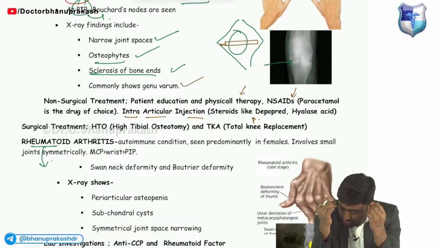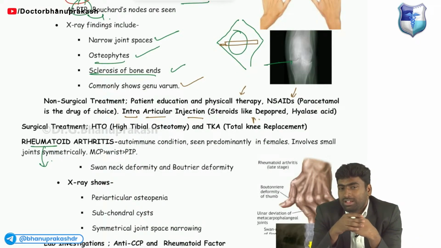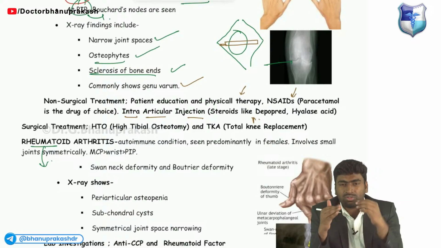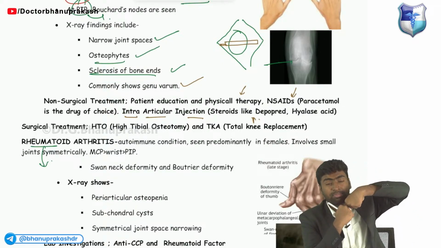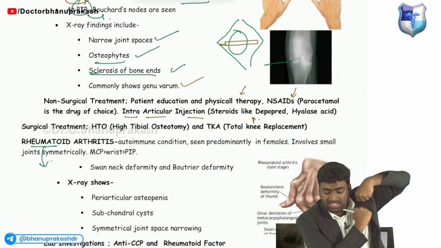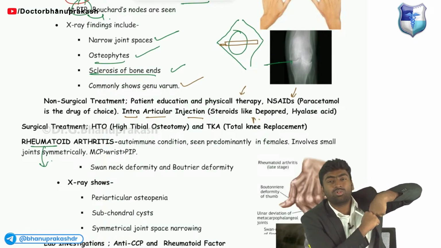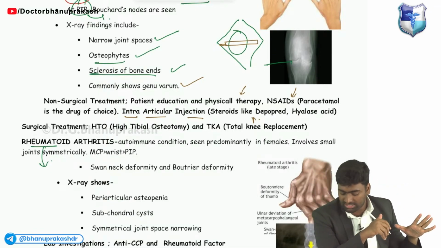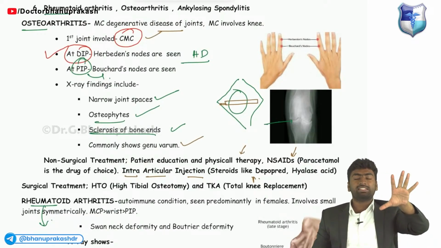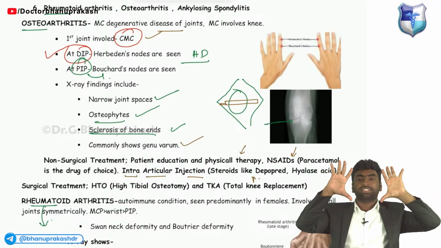So this is a simple initial management. Okay, अगर कुछ भी नहीं हो रहा तब most commonly we'll go for total knee replacement. Okay, इतना याद रखो. So osteoarthritis, it forms O, so it will cause this genu varum.